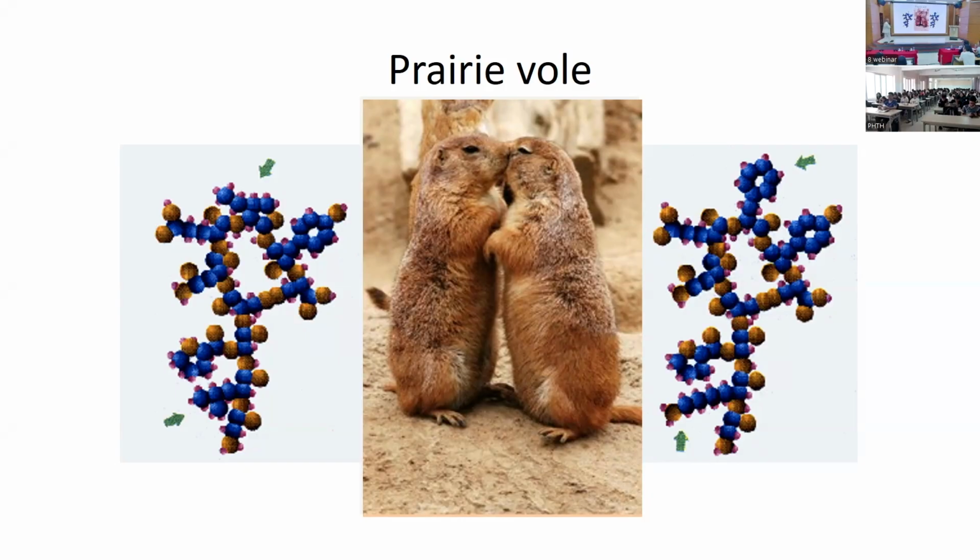Oxytocin and vasopressin are very important hormones. Oxytocin is important for plenty of reproductive reasons. It is important for delivery, for parturition. It is important for ejecting the milk from the breast during lactation. It is also important for the female orgasm.